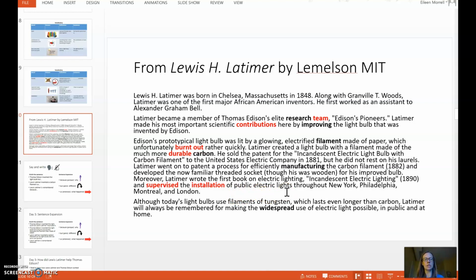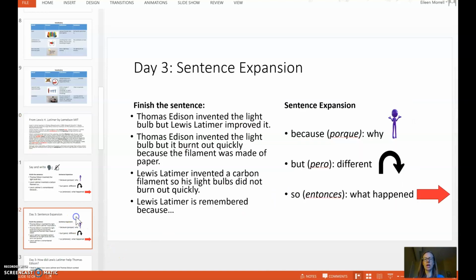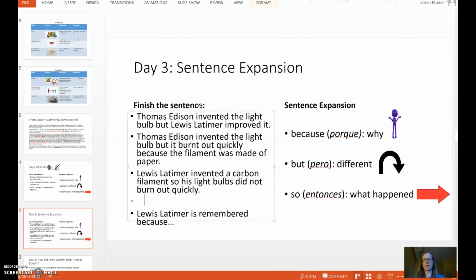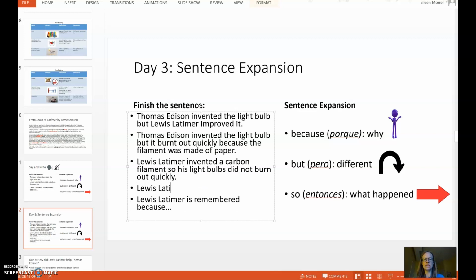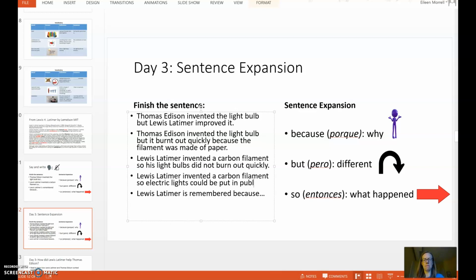So like street lights that we have today, that's because Lewis Latimer had a more durable light bulb. So another way that I could finish this sentence is Lewis Latimer invented a carbon filament, so electric lights could be put in public. His lights lasted longer.